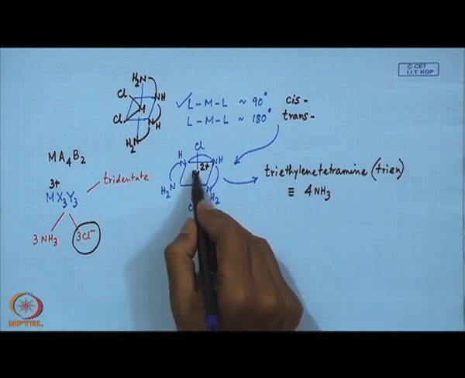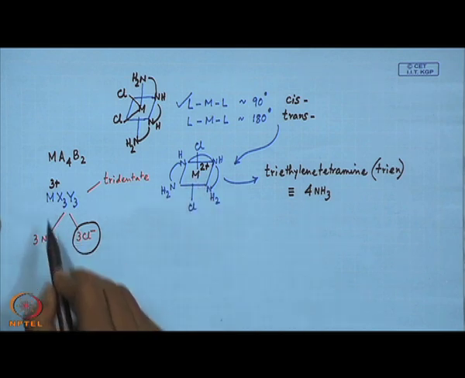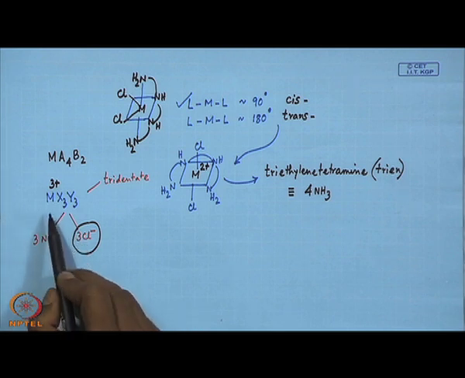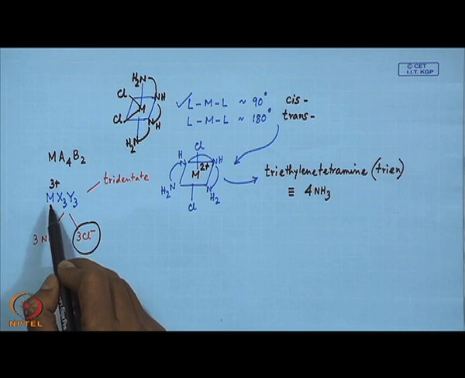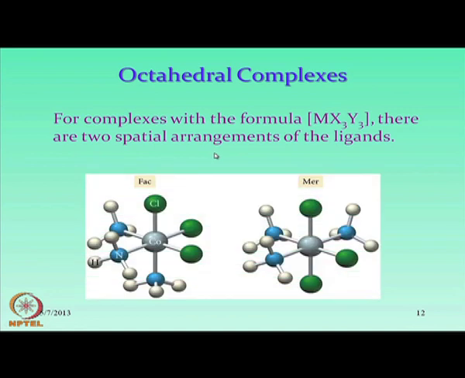Therefore, the size of this cation is bigger compared to the size of this cation. So, whatever geometrical isomerism we will be talking about is due to this arrangement around a small cationic species which is trivalent. So, when the formula is X3Y3 type, there are again 2 spatial arrangements of the ligands.